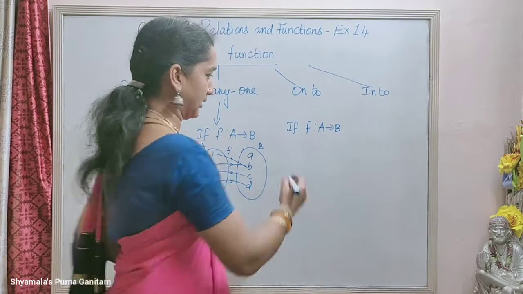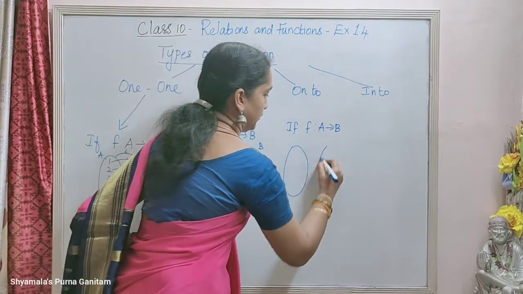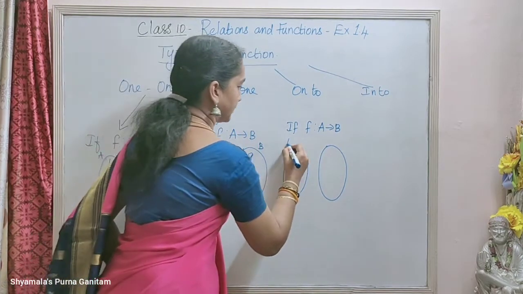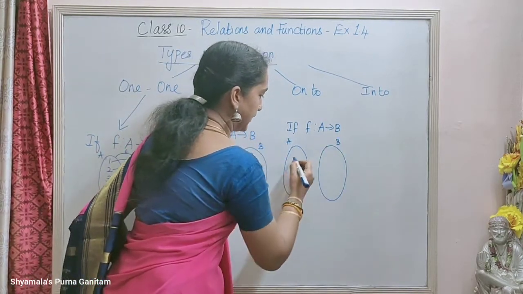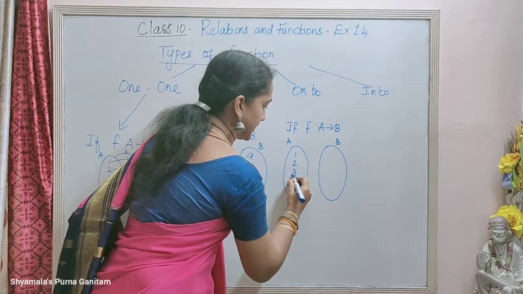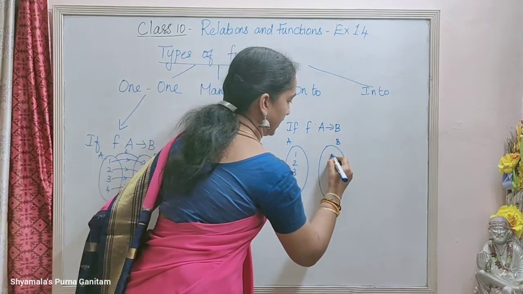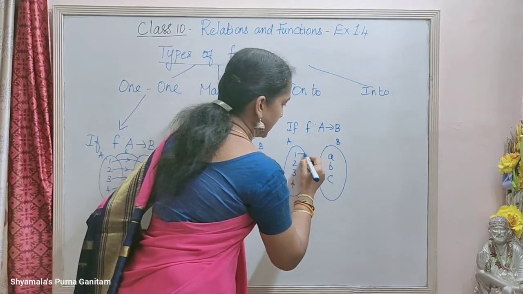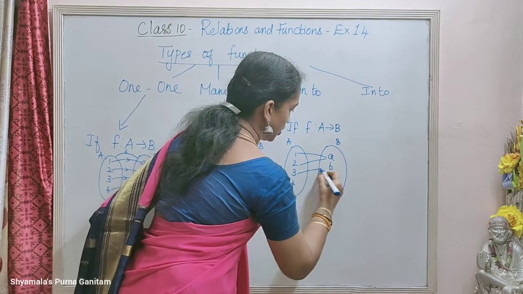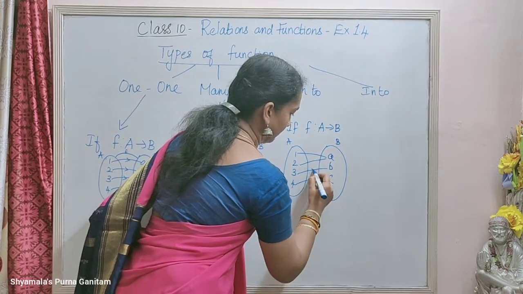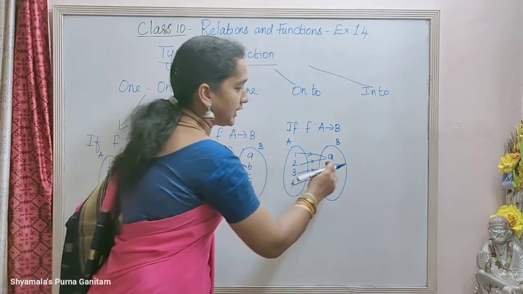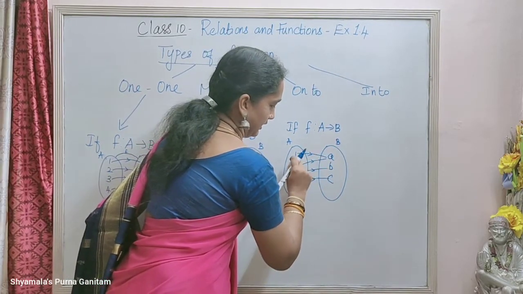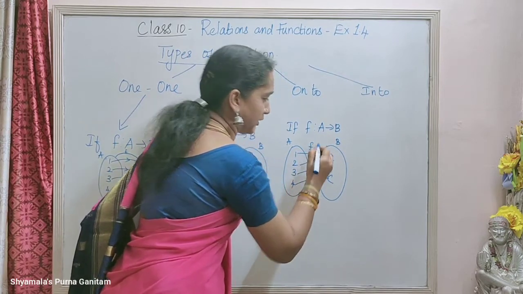If you have set A and set B, with elements A, B, C in B, then all the elements in B are connected to elements with some function.